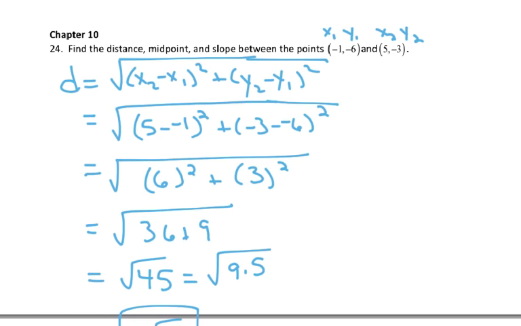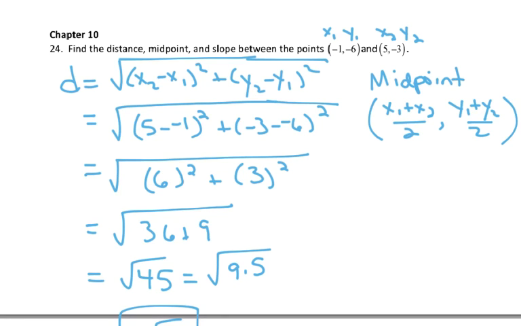The midpoint. The midpoint formula is the average of the x's and the average of the y's. So I'm going to add the x's, divide by 2, add the y's, divide by 2.